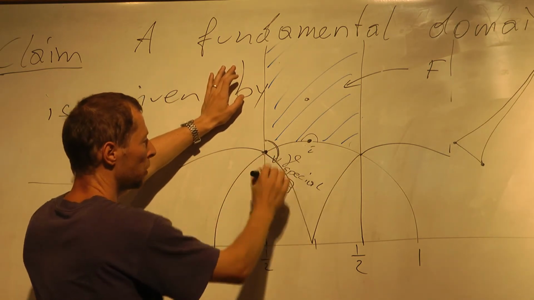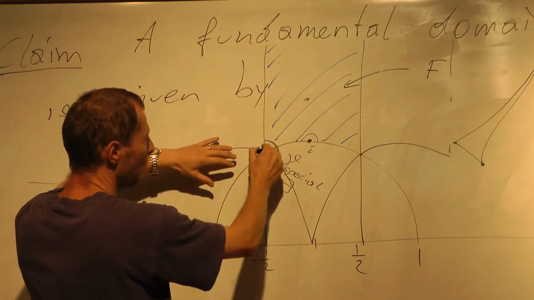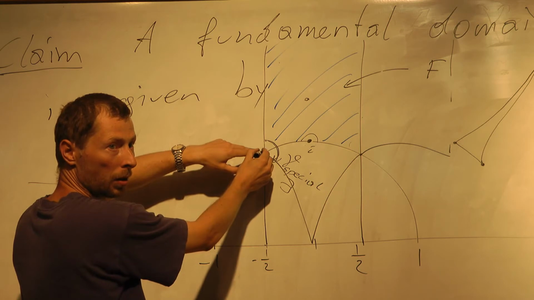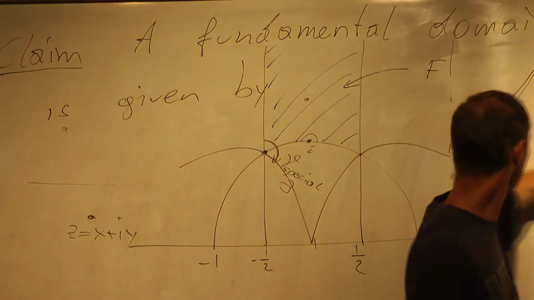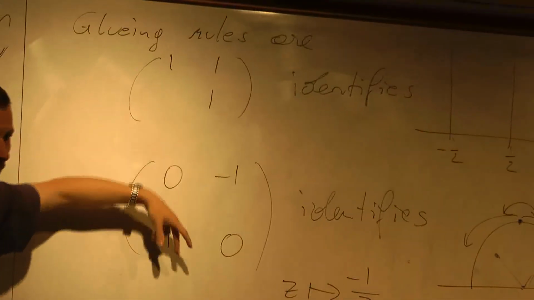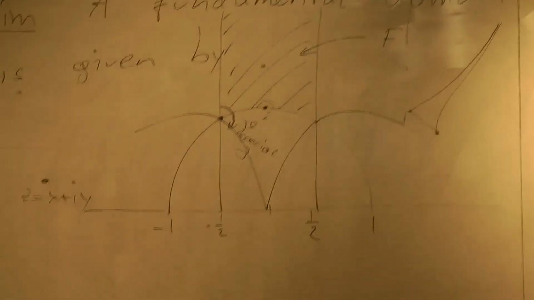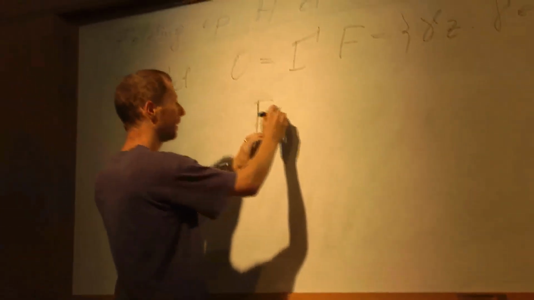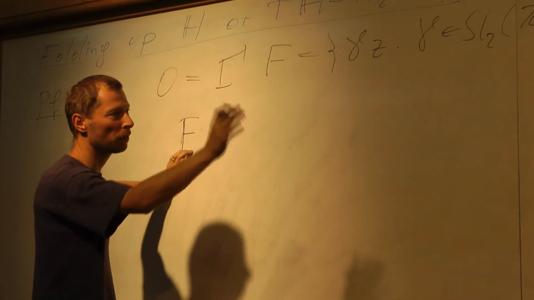And then I use this gamma special and rotate it 3 times, and I get actually a neighborhood of that point also. So by using this special one and these two, and the special one I can write as a certain small product of these two, I see that F, I don't care whether F was defined as an open set, partially, whatever, but yeah, I really want it to be a fundamental domain.